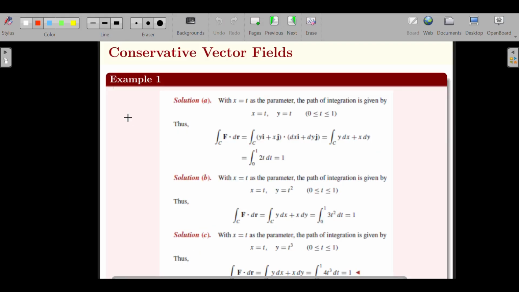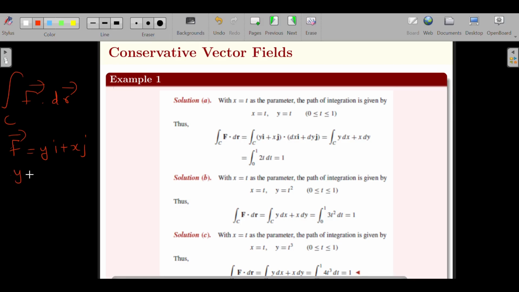In this particular case, we have to compute the line integral over C of F dot dr, and we know that the vector field F is equal to yi plus xj. So if you take y equal to x as our curve joining the points (0,0) and (1,1), then what will be the parametric equation of this particular curve?